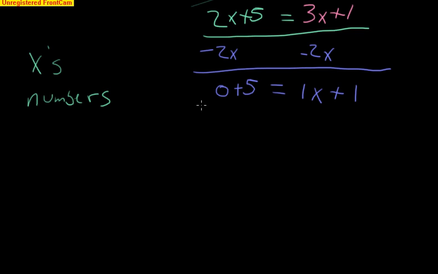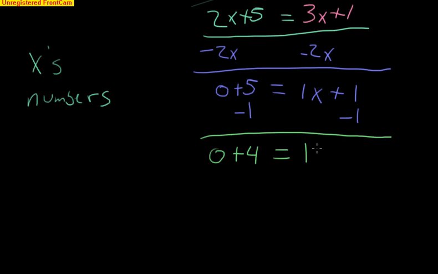Now I'm going to combine the numbers. So I'm going to subtract 1 from each side. Minus 1, minus 1. Then I pull everything down. 0 plus 4 equals 1x plus 0.